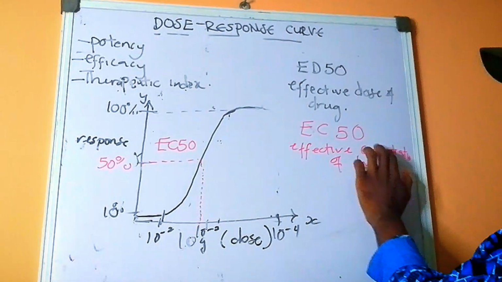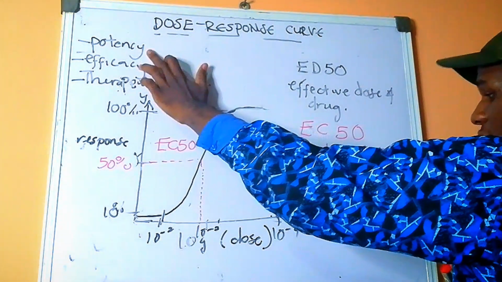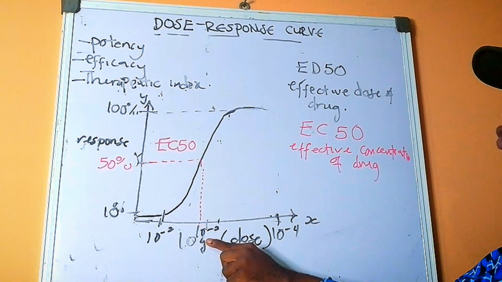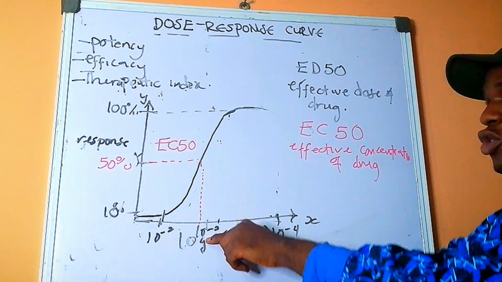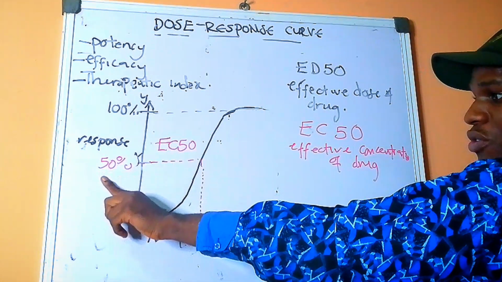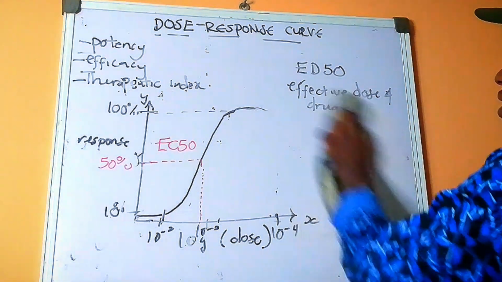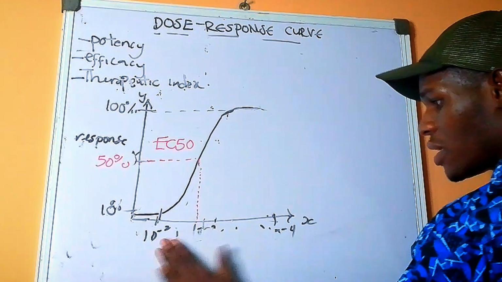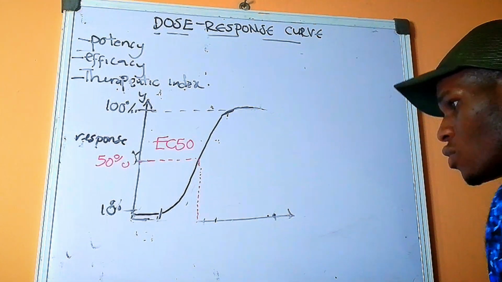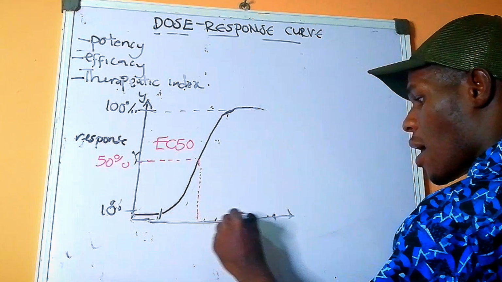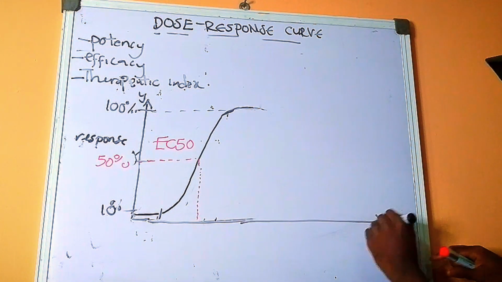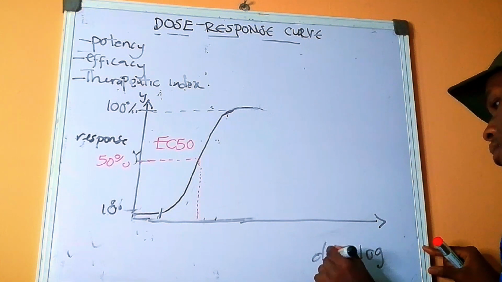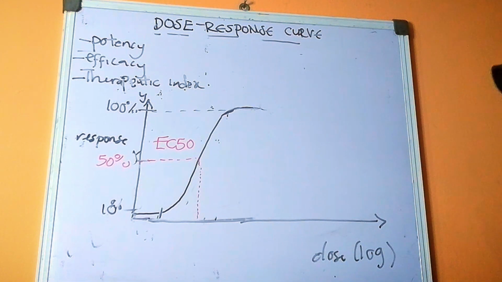The EC50, we look at this when working with potency because I said potency is the concentration or the dose of the drug required to produce an effective or therapeutic dose in 50% of the population. So now, if I have two drugs at different concentration, let me expand this a little. I have, of course, my dose of drugs in logarithm.